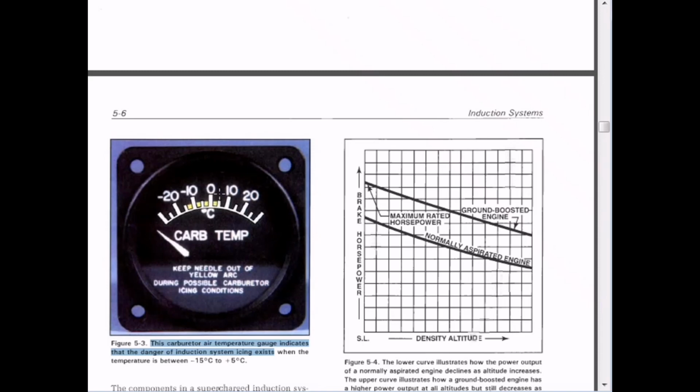So if it is 5 Celsius, it can drop to 0 very quickly because of the air movement. And from 0 to -15 also, there still exists water vapor that is not solidified. So it is still a threat to form ice in your induction.